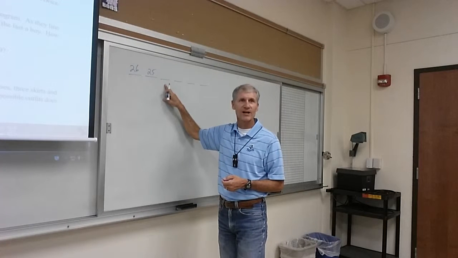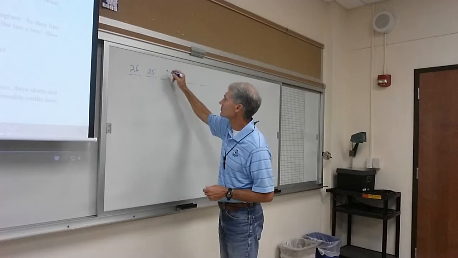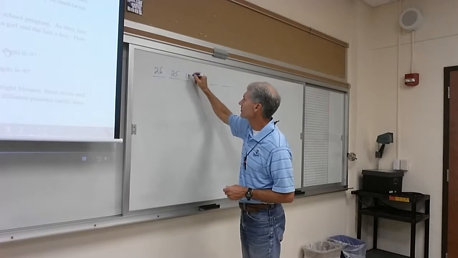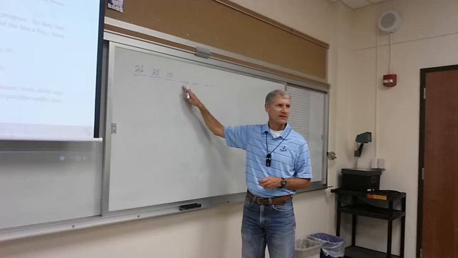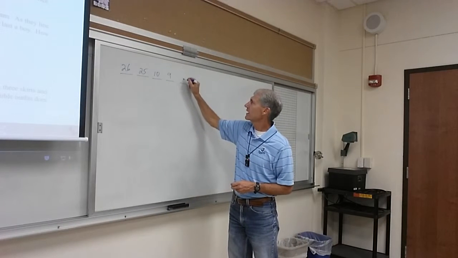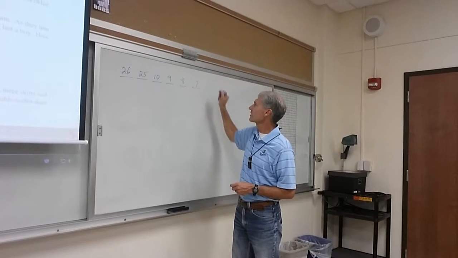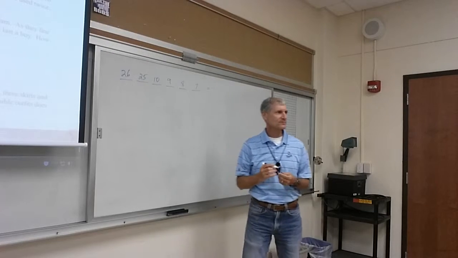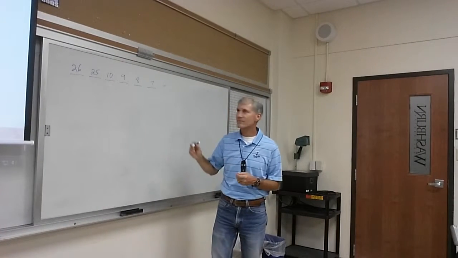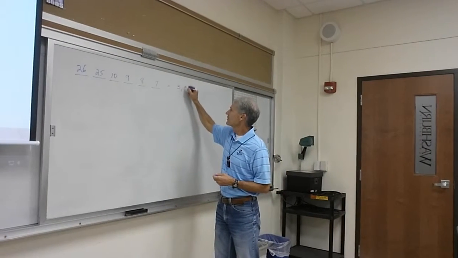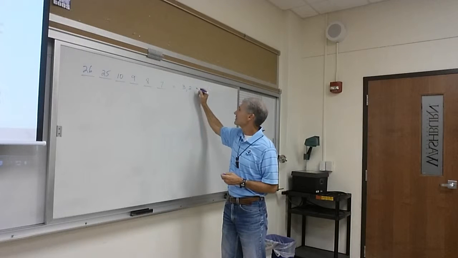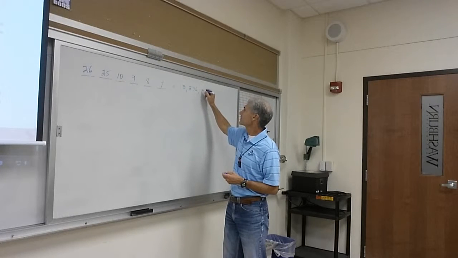Yeah, 0 through 9. Zeros are digits, so 0 through 9 is 10 numbers. Next blank, 9, 8, and 7. Multiply it all out. 3,276,000. Even? Yep.